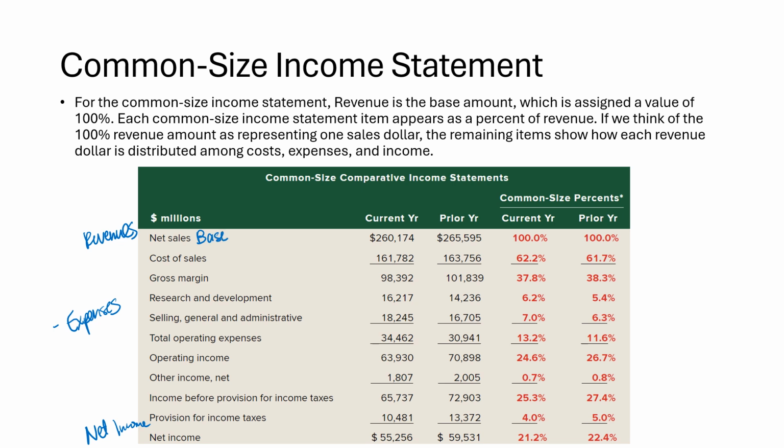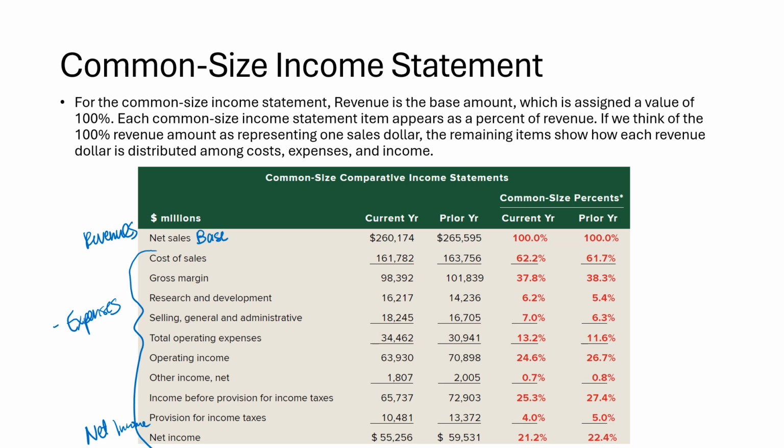So in this case, it will be net sales. And that is what is assigned 100% as the base. So if we're looking at the proportion again, we want to figure out what percent these items are in relation to net sales.